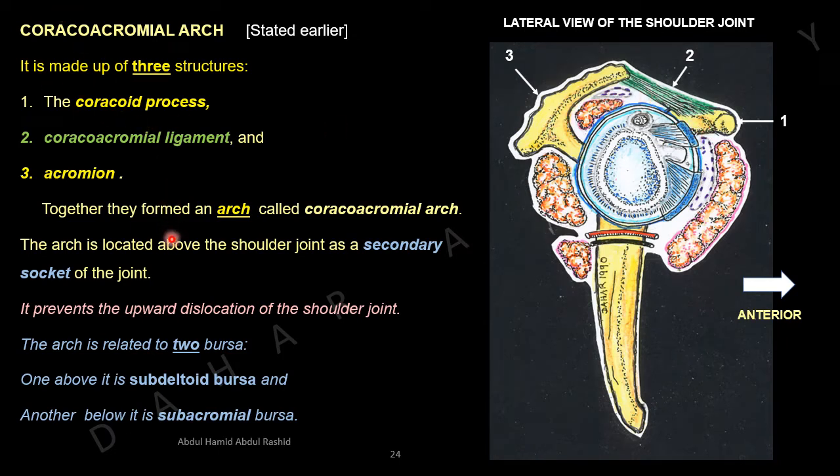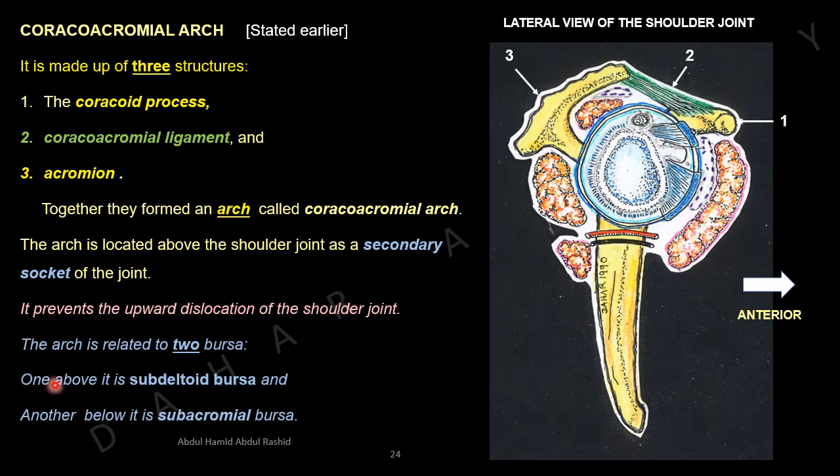The arch is located above the shoulder joint and serves as a secondary socket of the joint. It prevents upward dislocation of the shoulder joint. The arch is related to 2 bursae.